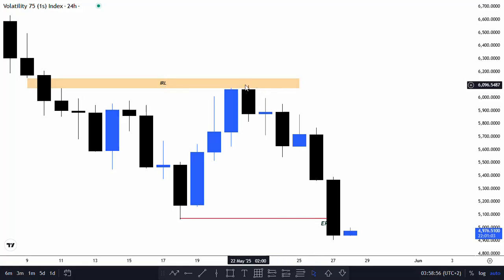There were some trades that were caught here, but the trade was not held all the way to external range liquidity, because after price bounced off that internal range liquidity, the next day gave us a bullish bias.